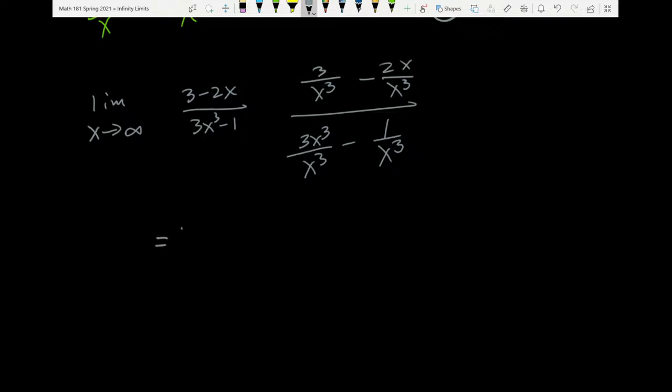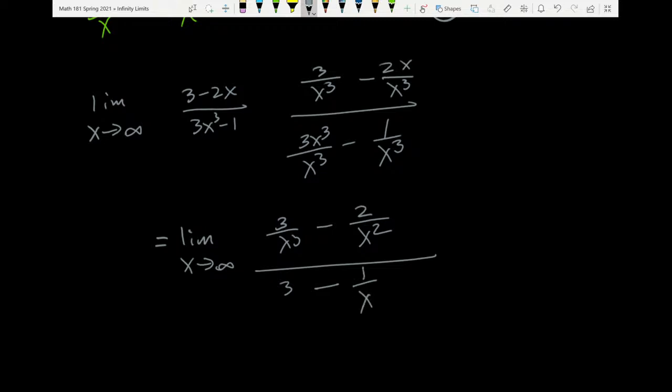Once you simplify, the limit as x goes to infinity gives 3 over x cubed plus 2 over x squared, over 3 minus 1 over x cubed. So this goes to 0, 0, 0, and you get 0 over 3.